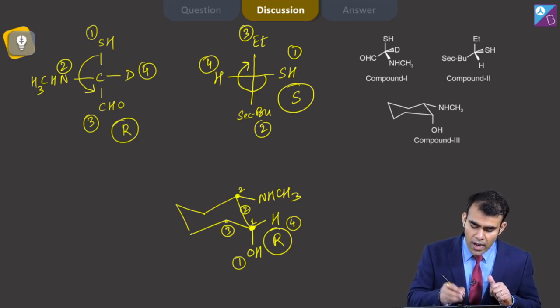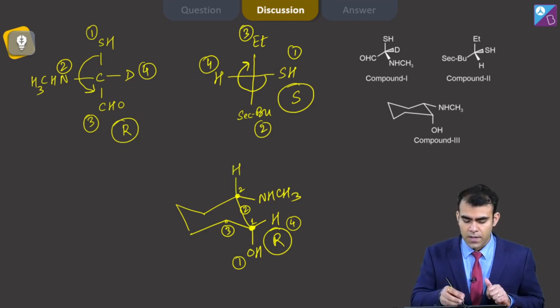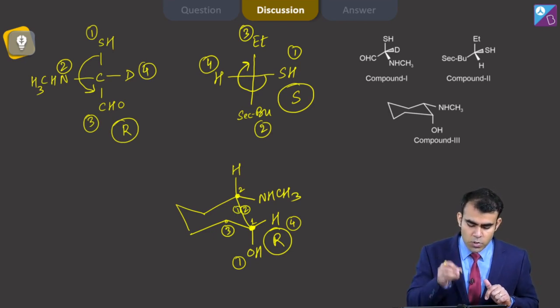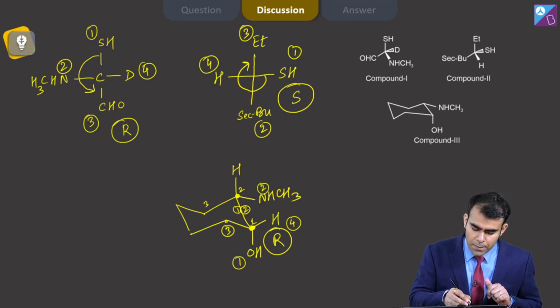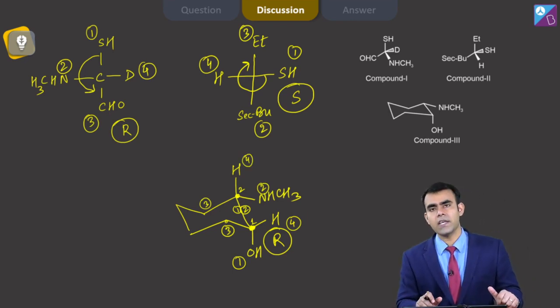Similarly, if you look at the second carbon, then here we have one H also, we have one NHCH3 group, and one this group. Now if I do the priority, this is my first group, this is my second group, this one my third priority, and this one is the fourth priority group.